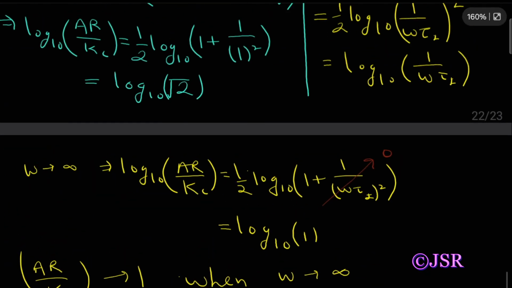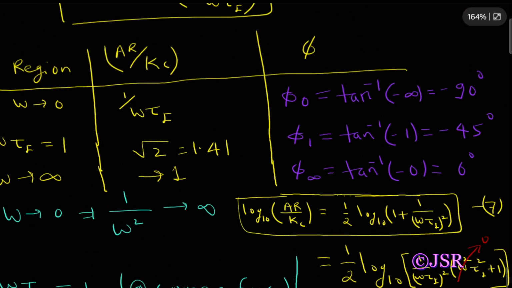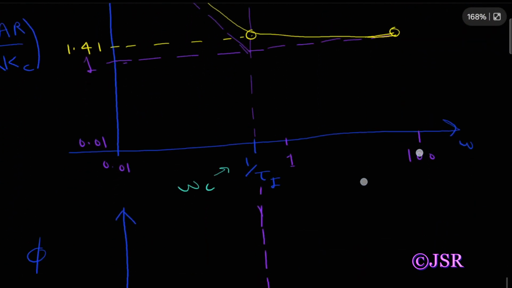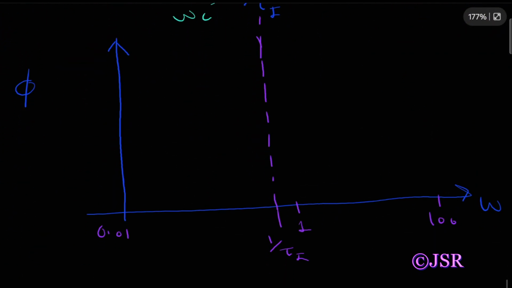So when omega tau is equal to 1, the phase is minus 45, right?